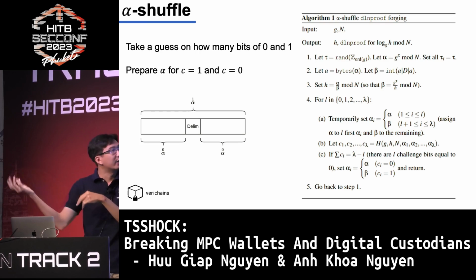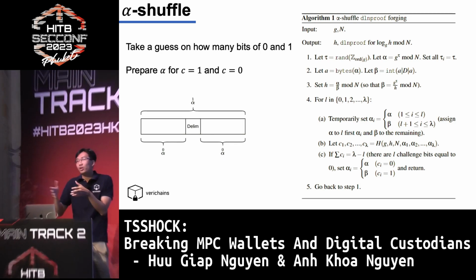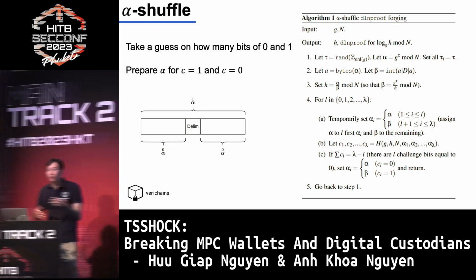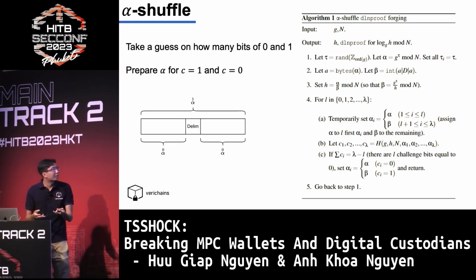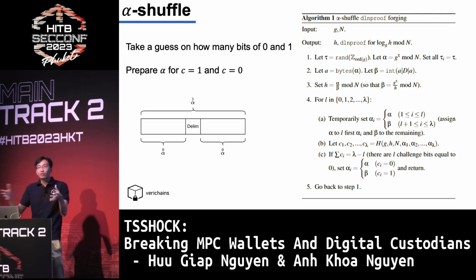If we guess correctly, like we guess 3 bits of 0, and the returned result has 3 bits of 0, then we can say it is correct, but it may not be in the correct order, so we will reorder that.